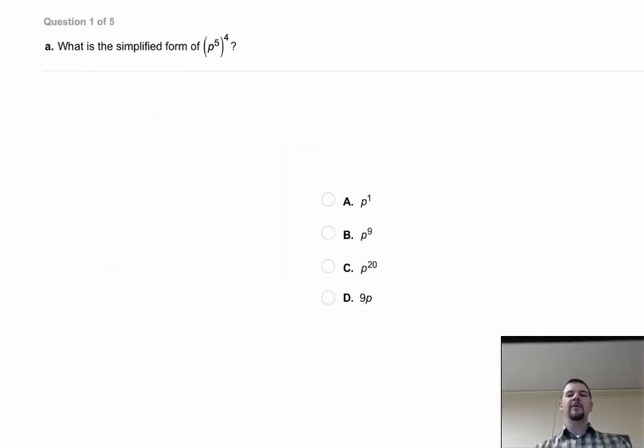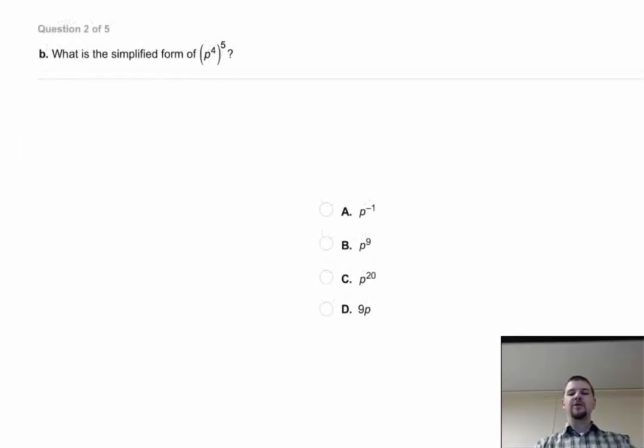And here's your first of 5 opportunities to show that you understand. What is the simplified form of p to the 5th power to the 4th power? Question 2 of 5.